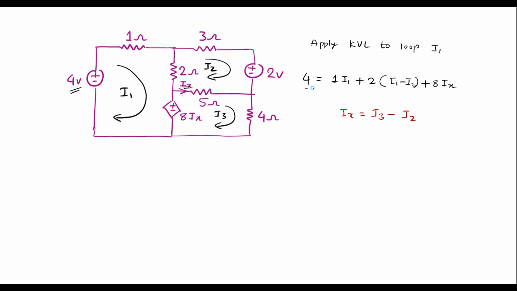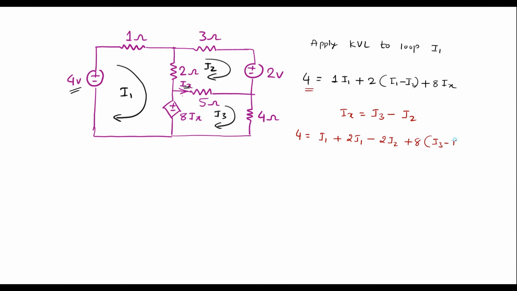So now let me represent this equation as 4 is equal to I1 plus 2I1 minus 2I2 plus 8 times Ix, and Ix is nothing but I3 minus I2.